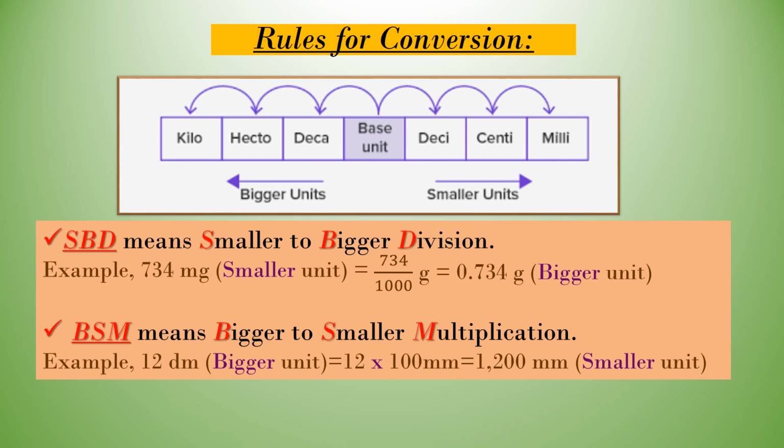Why? Because decimeter is on left side and millimeter is on right side. So we are converting bigger unit into smaller unit by jumping 2 steps. So 10 will be multiplied by 10. So 12 will be multiplied by 100 to get it converted into millimeters.